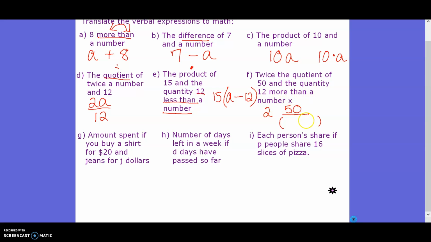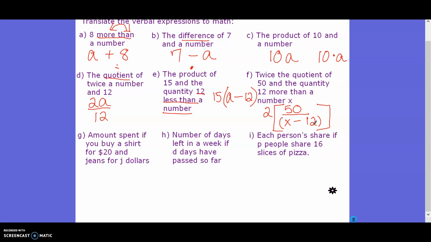So because it says more than, my 12 needs to go in the back. So it looks something like this. And you might want to also include some brackets, because we're taking the 2 and we're multiplying it by the whole quotient, that whole division problem.